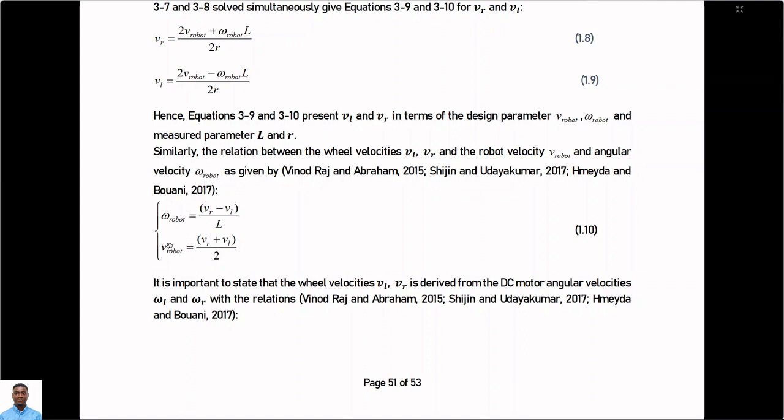For a differential drive mobile robot, the velocity of the robot itself is the average of the velocity of the wheel on the right and that of the left. So that's just what they are trying to represent here. And also the orientation in this case is the difference between the two velocities of the right and left wheel divided by the distance between the wheels. That's just what they are trying to explain.